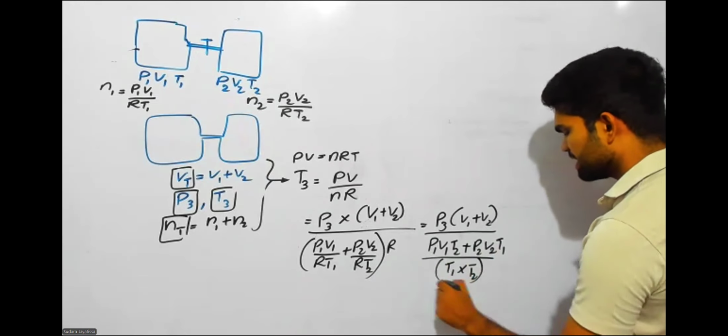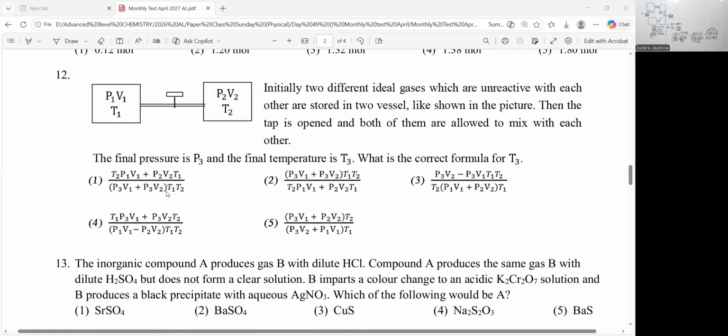The inorganic compound A produces gas B with dilute HCl. Compound A produces the same gas with dilute H2SO4 also, but does not form a clear solution. Now, first of all, what is common for dilute HCl and dilute sulfuric acid is H plus. The common thing is H plus.